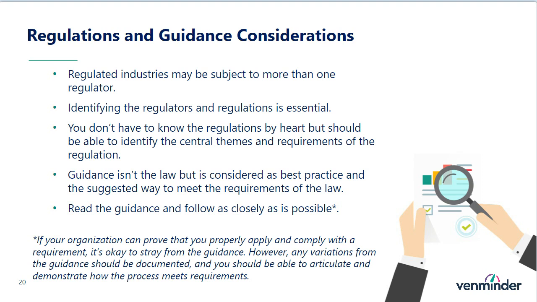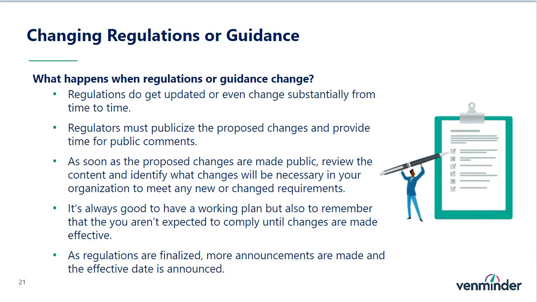So what happens when regulations or guidance changes? Well, it does all the time. And it's not something to get totally worried about because it's not like it happens overnight. So the regulators have to publicize the proposed changes and provide time for comments. And as soon as the proposed changes are made public, the best thing for you to do is review the content and identify what changes might be necessary in your organization to be able to meet those requirements.